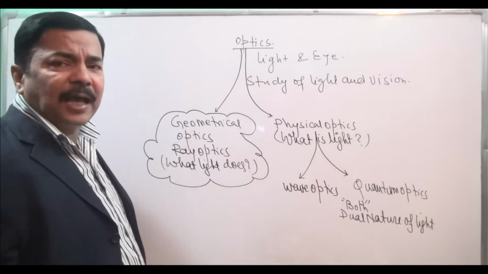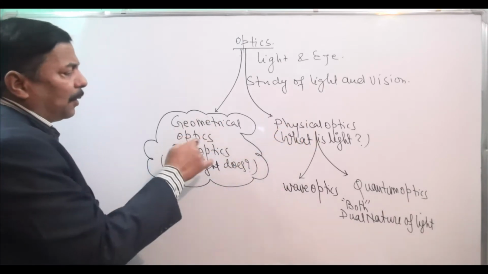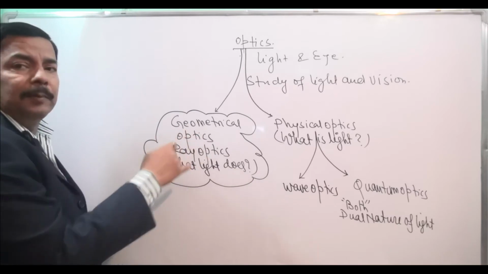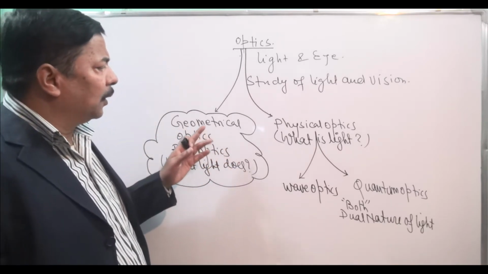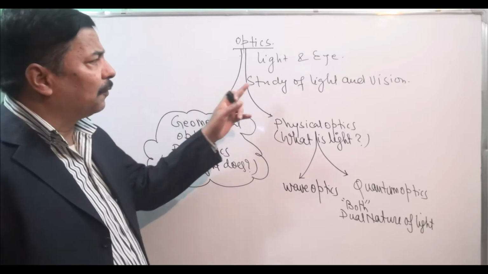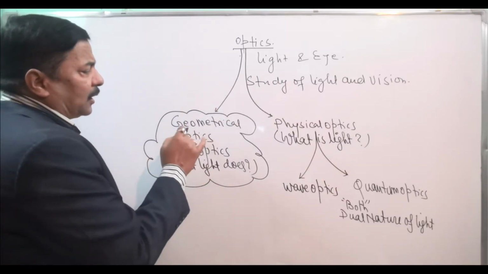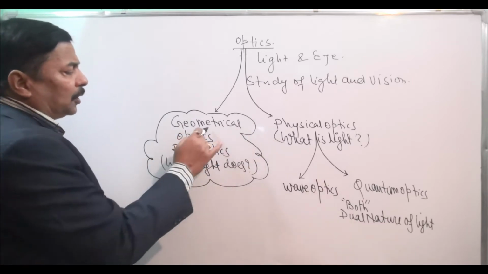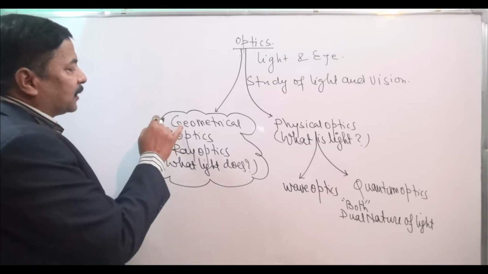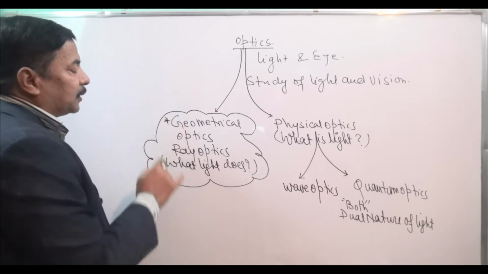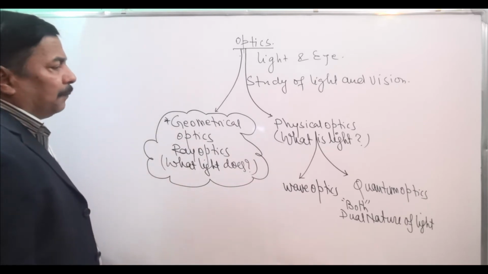In a figurative sense I am saying it is the medical aspect, whereas this tells about the engineering portion. So what we can understand is that the study of light and vision can be broadly classified into two portions, geometrical optics and physical optics. So let us start our discussion with geometrical optics.